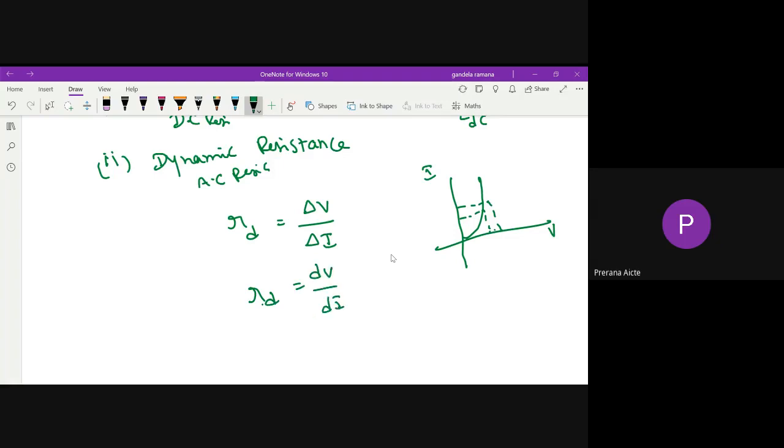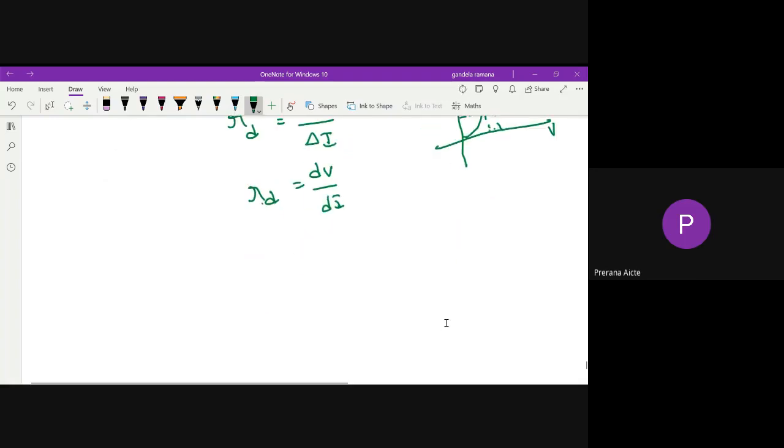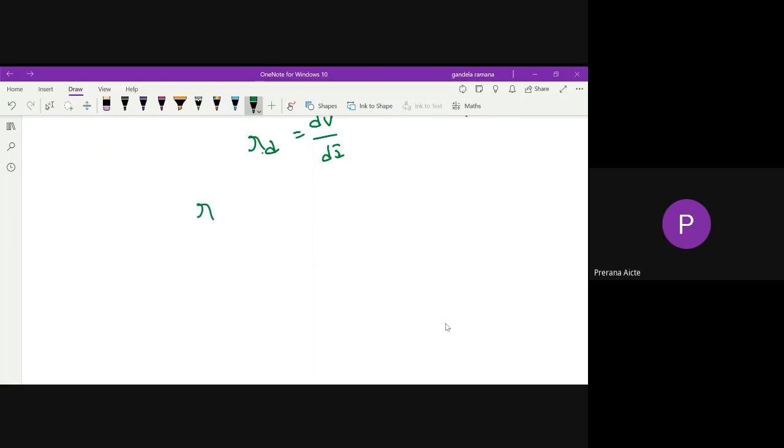With the current equation I is equal to I naught into e power V by eta Vt minus 1, differentiating with respect to V, we get Rd is equal to eta Vt by I. So here Rd is inversely proportional to I. Dynamic resistance depends inversely on the current.